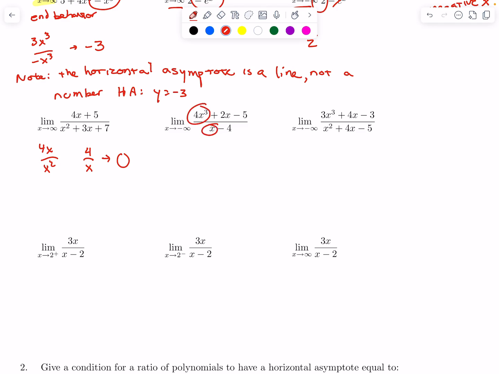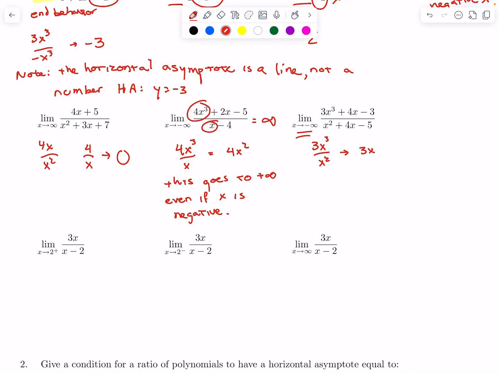Looking at this, goes to positive infinity even if x is negative. So this one, on the other hand, this one does go to negative infinity.